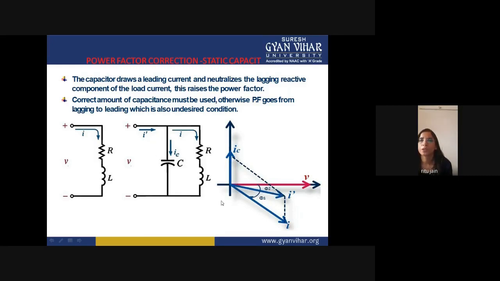So the capacitor draws a leading current and neutralizes the lagging reactive component of the load current. This raises the power factor. The correct amount of capacitance must be used, otherwise the power factor goes from lagging to leading, which is also an undesired condition.